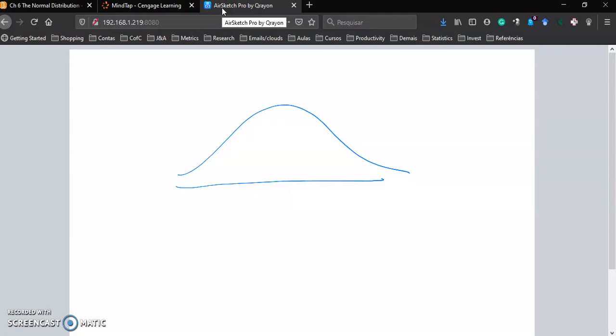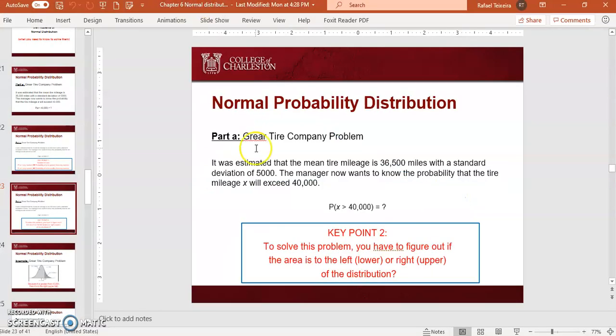In this case, we have mileage in the x-axis, and the tires vary from fewer to more miles. So let's take a look at the problem.